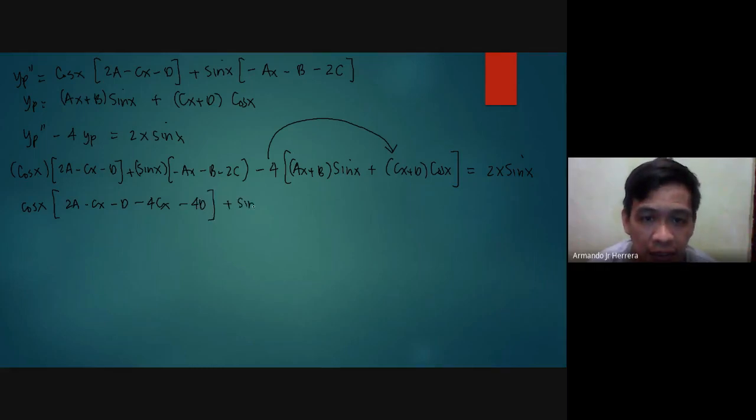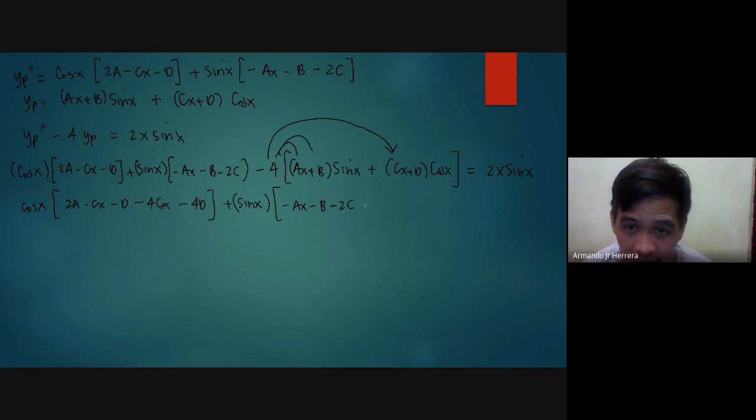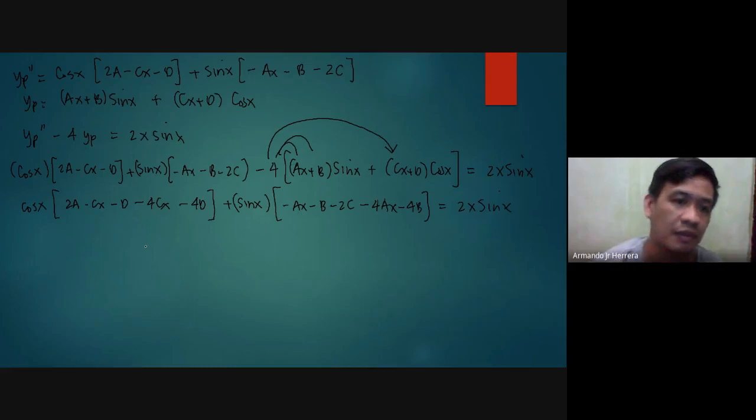Plus, all those with sine x: that's negative ax minus b minus 2c, sine x, and then those with sine x: minus 4ax minus 4b, equals 2x sine x.